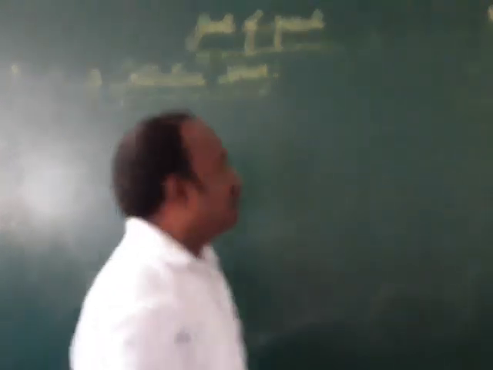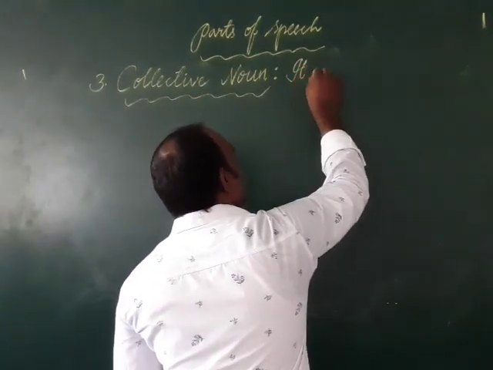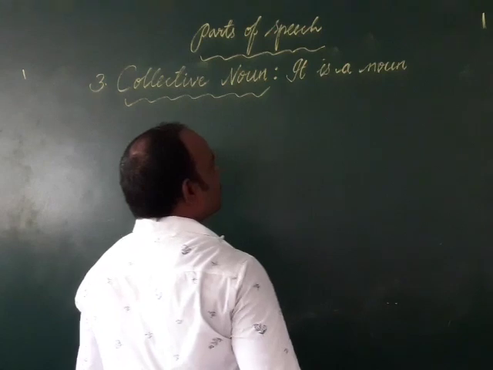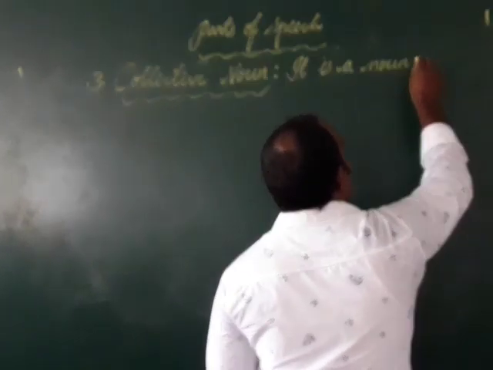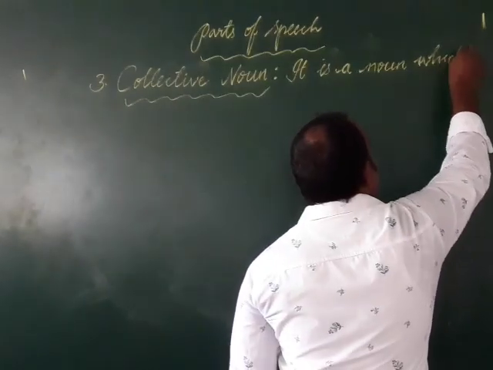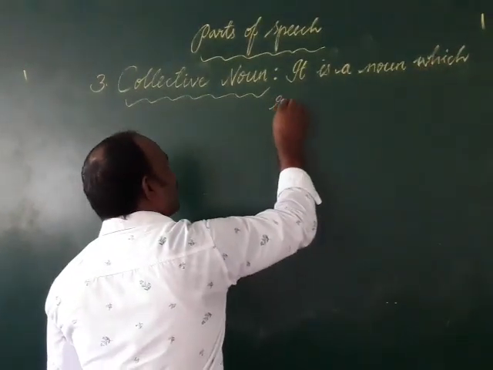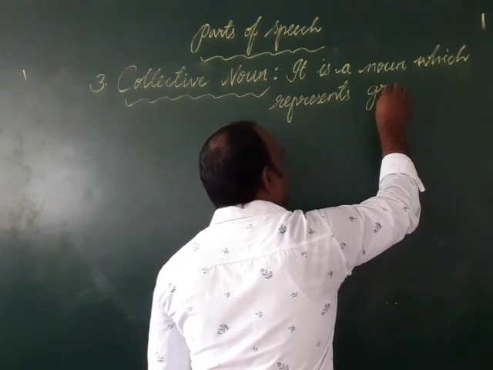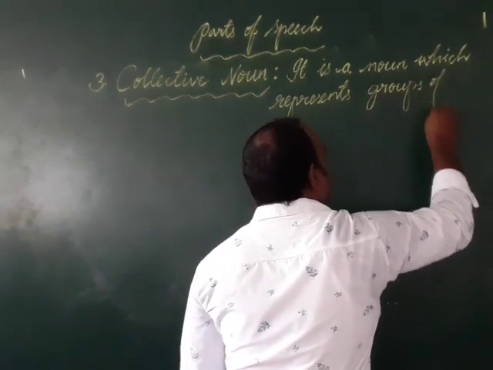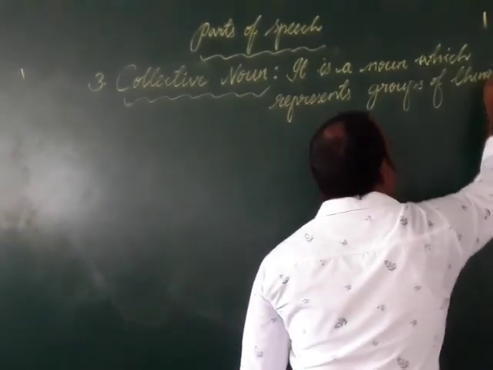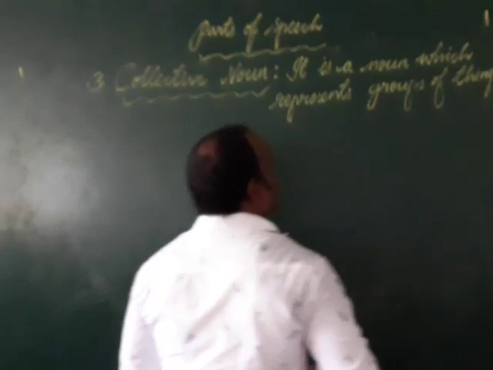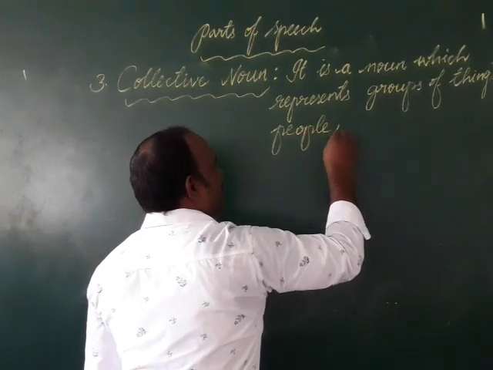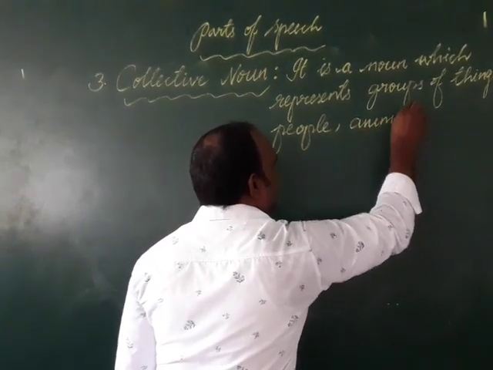Collective noun is nothing but a noun which represents groups of things, groups of people, or groups of animals.